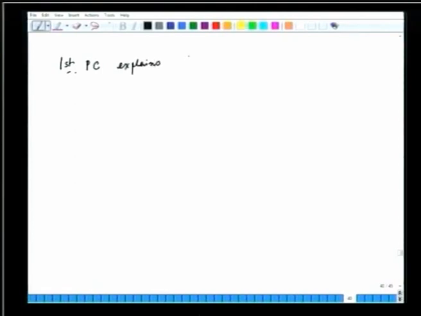Well, it will be lambda 1, which is 5.83, divided by the trace, the total variation, that is the sum of the lambda i's, which is equal to 8. In percentage, this gives me 73% of total variation.